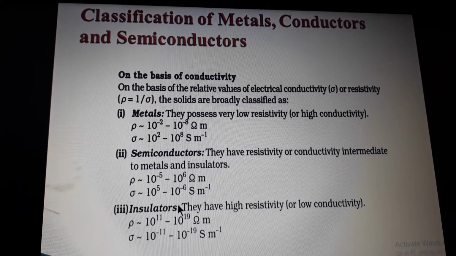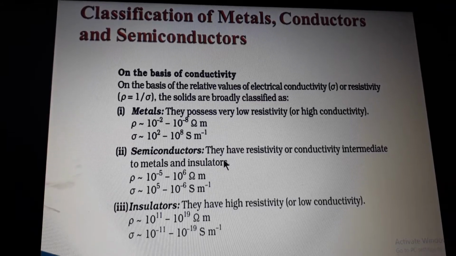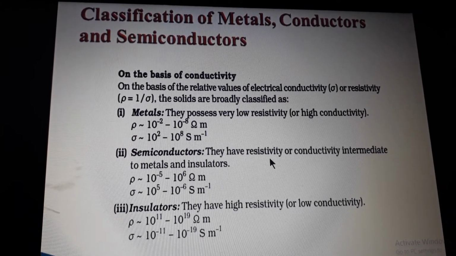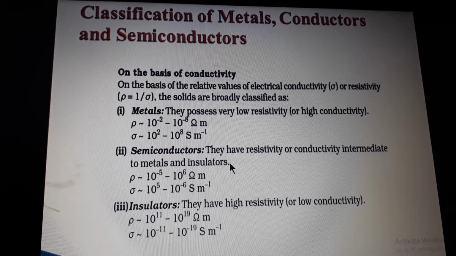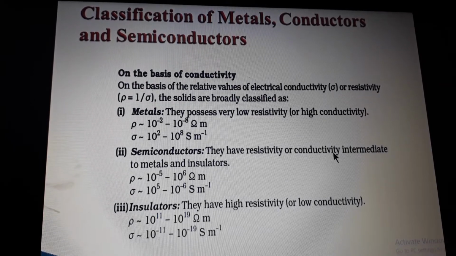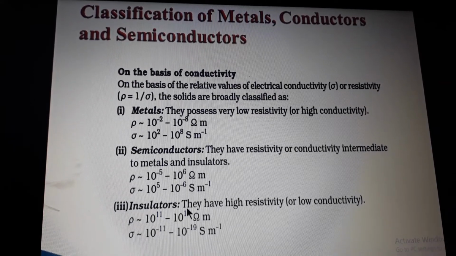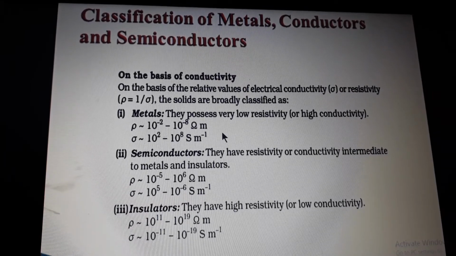Now in this chapter, one new thing is the semiconductor. What is a semiconductor? It has resistivity or conductivity intermediate to metal and insulator. That means the value of resistivity or conductivity is between metals and insulators. In this chapter, we will understand semiconductors.